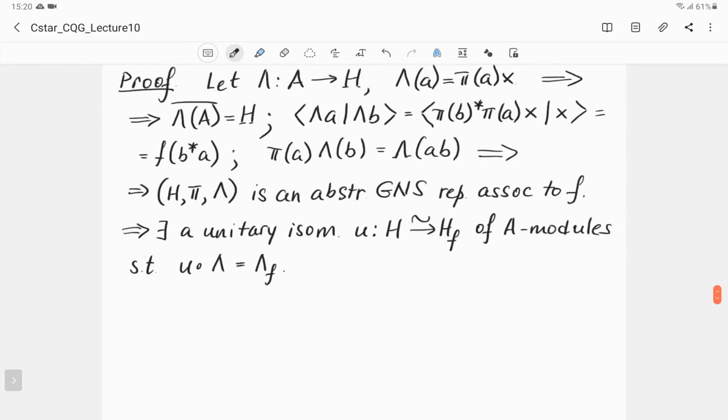Okay, let's write explicitly the condition that U is an A module homomorphism.